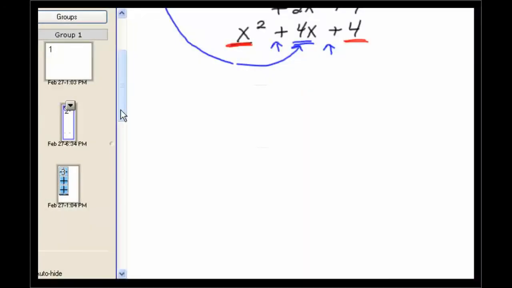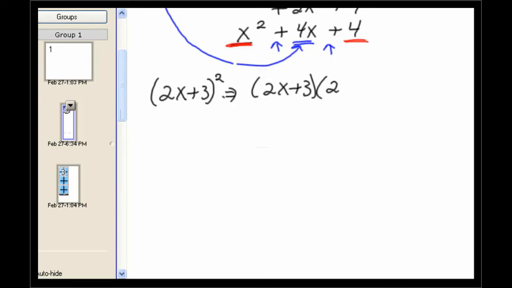Next example, 2x plus 3 squared. That means we're taking 2x plus 3 times 2x plus 3.